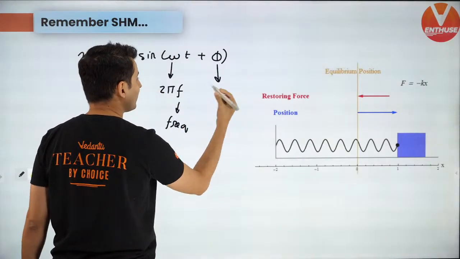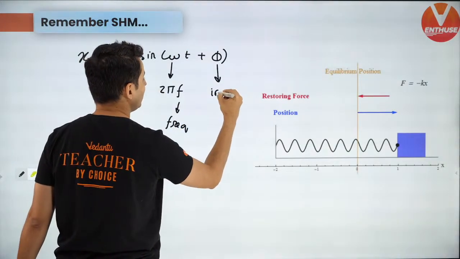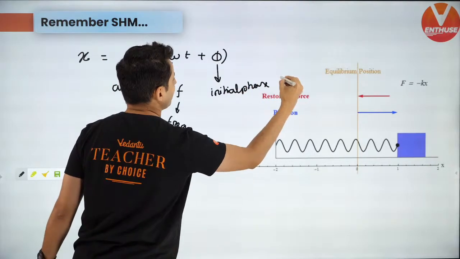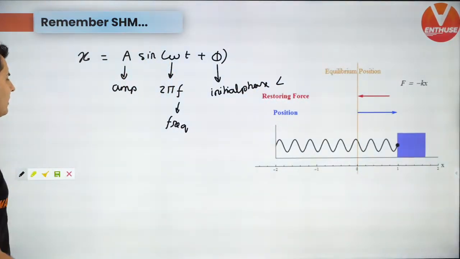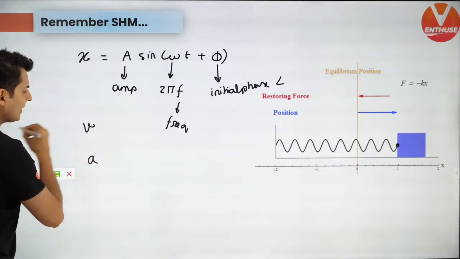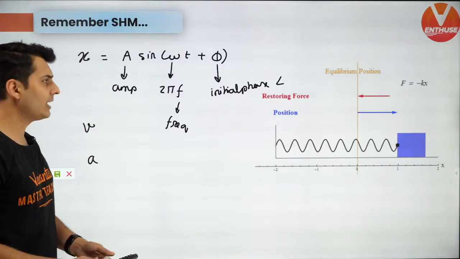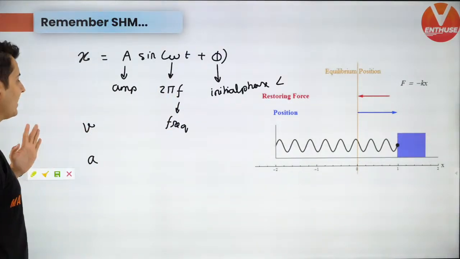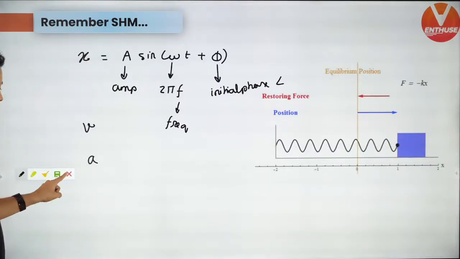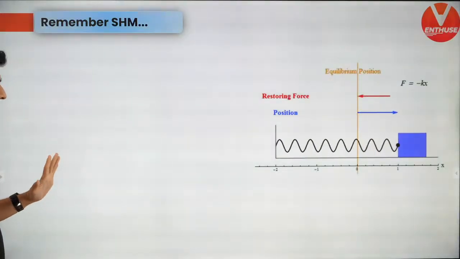This phi was nothing but your initial phase angle. And we have talked about velocity, acceleration and so many other important formulas in our previous session. Now, this was a brief recap of what we have done last lecture.